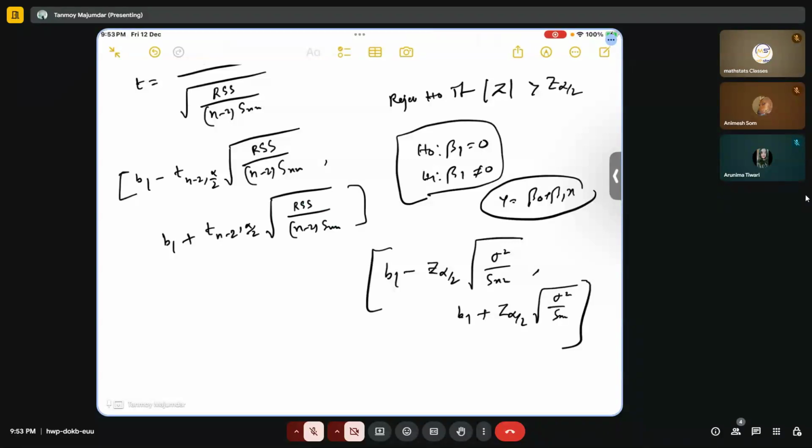So this is the confidence interval for beta 1 when sigma square is unknown.